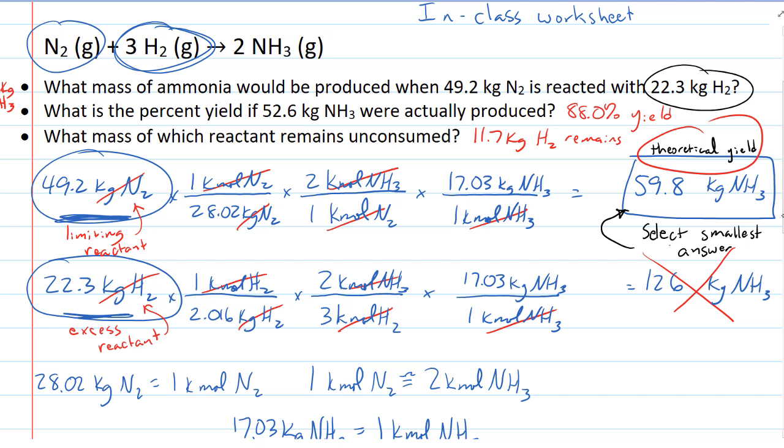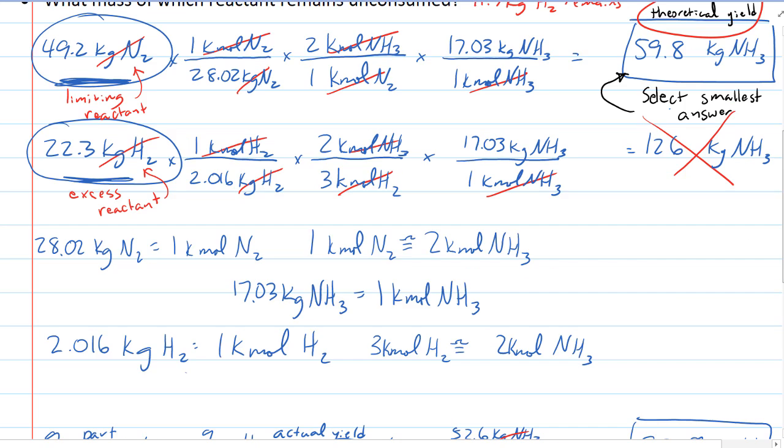Now, if N2 is the limiting reactant, the one that's unconsumed is the hydrogen, or the H2. You know how much you started with, which is the 22.3 kilograms. If you know how much you started with, then you should be able to figure out how much was used or reacted. If you figured out how much was reacted, you could then subtract that amount from the 22.3 kilograms of H2 and arrive at your answer.